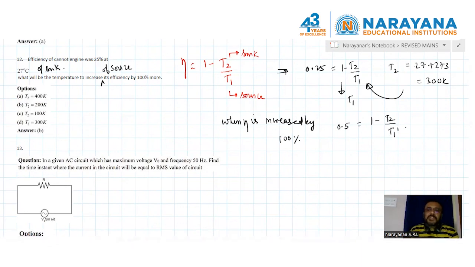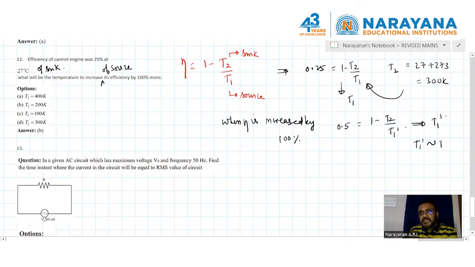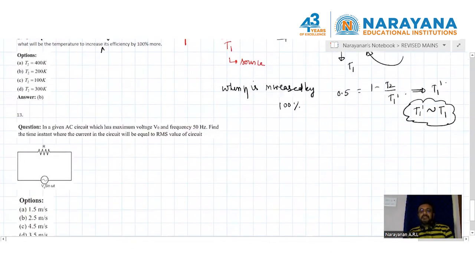So use this expression to calculate the value of T1 dash. What will be the increase in temperature of the source? Calculate T1. So the difference will be T1 dash minus T1. We need to calculate the difference in source temperature here.